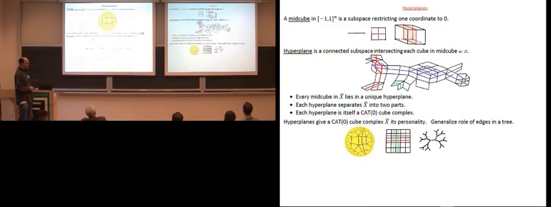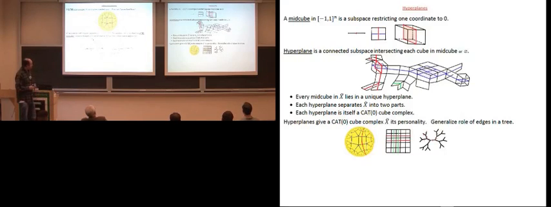So a 3-cube has 3 mid-cubes. You cut down the middle this way, or this way, or that way. The mid-cube of a 1-cube is just its barycenter. A hyperplane in a CAT(0) cube complex is a connected subspace which intersects any cube that it does intersect in an entire mid-cube of that cube.